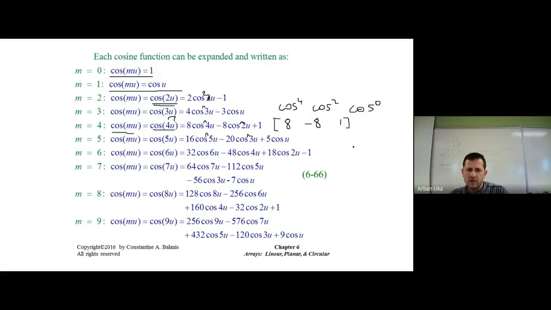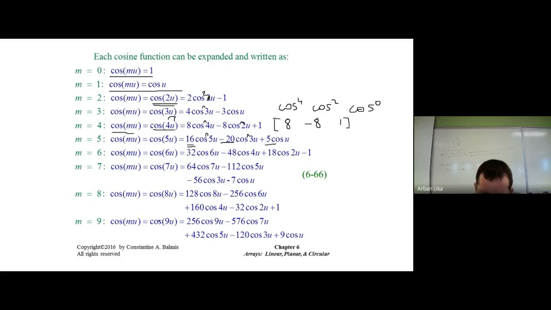Okay, so that's why we observe cosine to the power 0 is 1. And now similarly, cosine 5u goes on like this. This has coefficients of 16, minus 20, plus 5, and so on and so on.